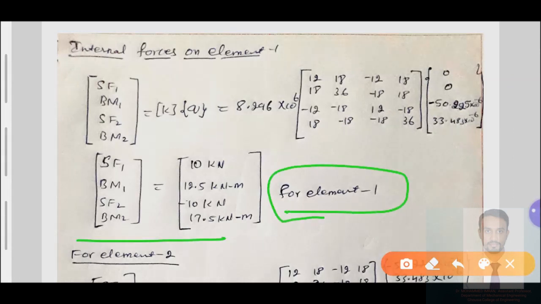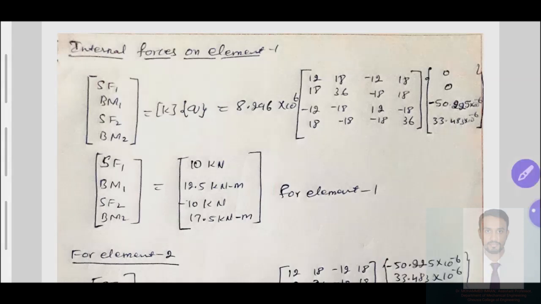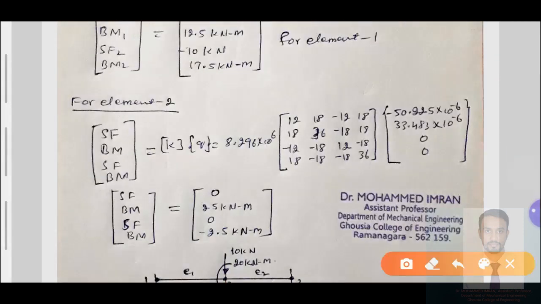For element number 1, we got the shear force and bending moment values, and similarly we need to find the shear force and bending moment for element number 2. We take the same stiffness matrix, copy it, and the displacement vector for this element starts from node number 2 and ends at node number 3.